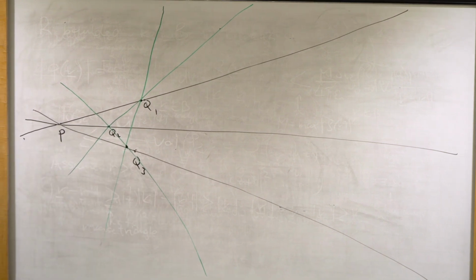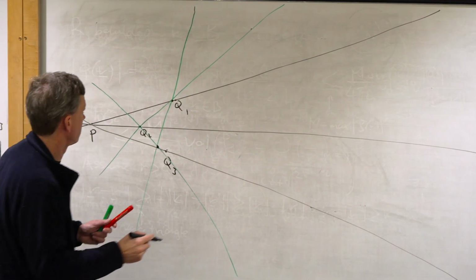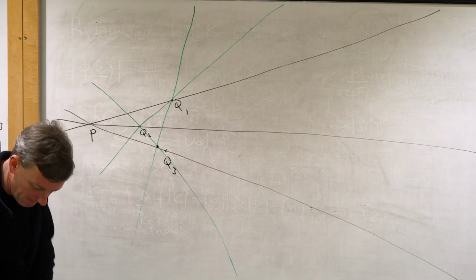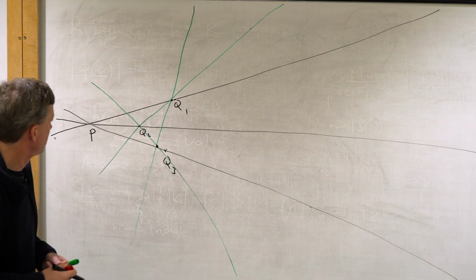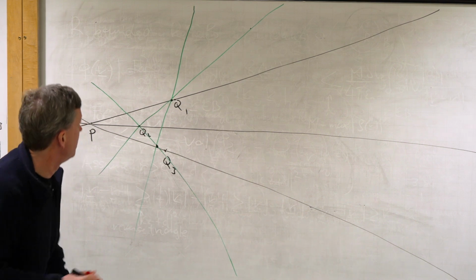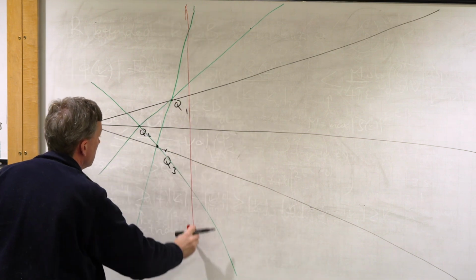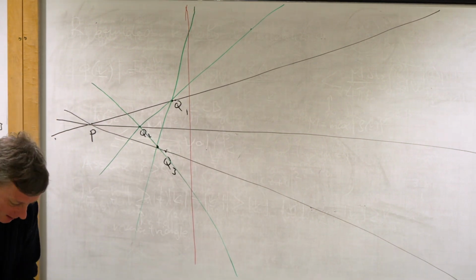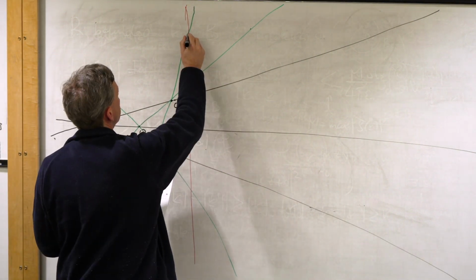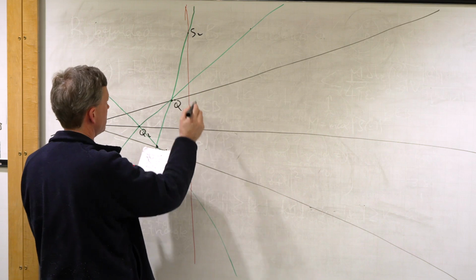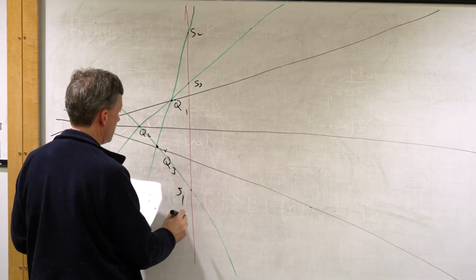And let's also have points. Well, let me try. Let's try and make that the line R1, R2, R3. So this can be the point S2, that can be the point S3, and that can be the point S1.